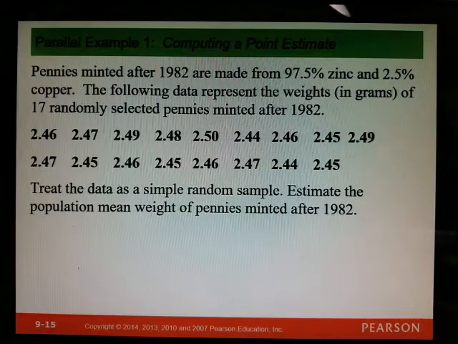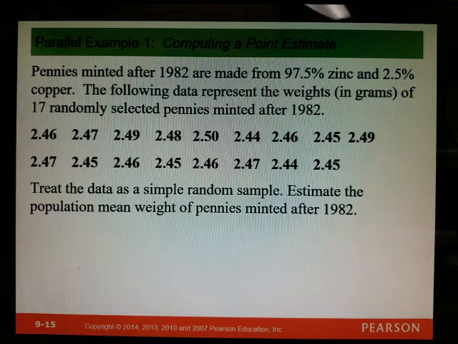So, for example, we have these pennies. They were minted after 1982, and they were made from 97.5% zinc and 2.5% copper. The following data represents the weight in grams of 17 randomly selected pennies minted after 1982. So there are all the individual data values. We treat the data as a simple random sample, and we estimate the population mean weight of the pennies minted.